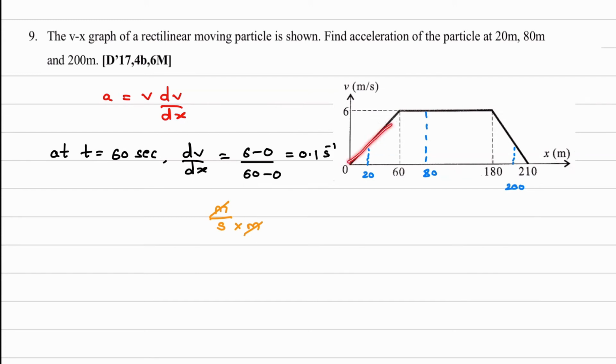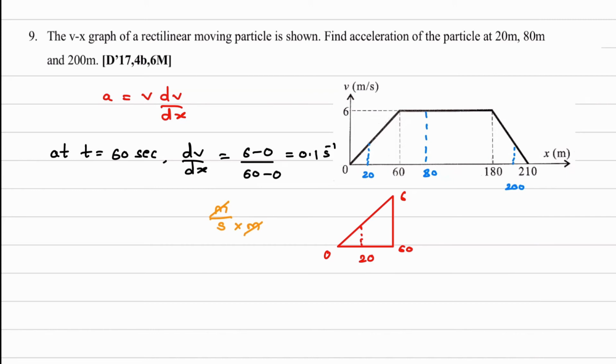this line. Now we have to calculate the first part, so we have to consider this triangle. Okay, so I'll draw the triangle again. So this is the triangle. This height is 6, this is 60, this is 0, and this one is 20.